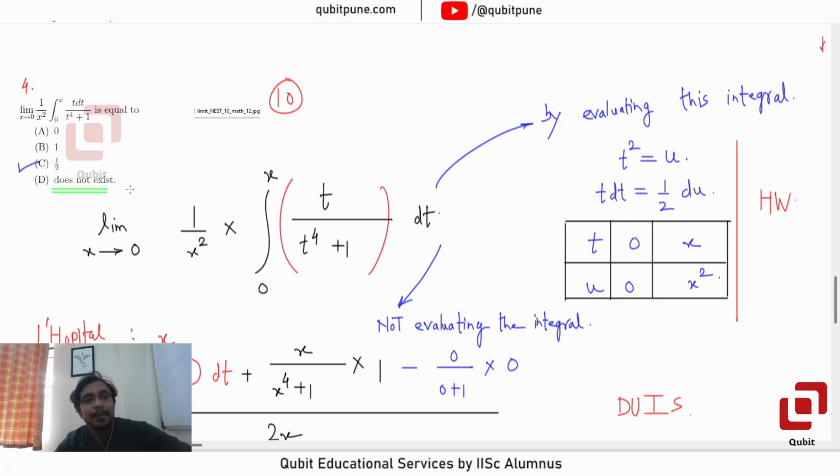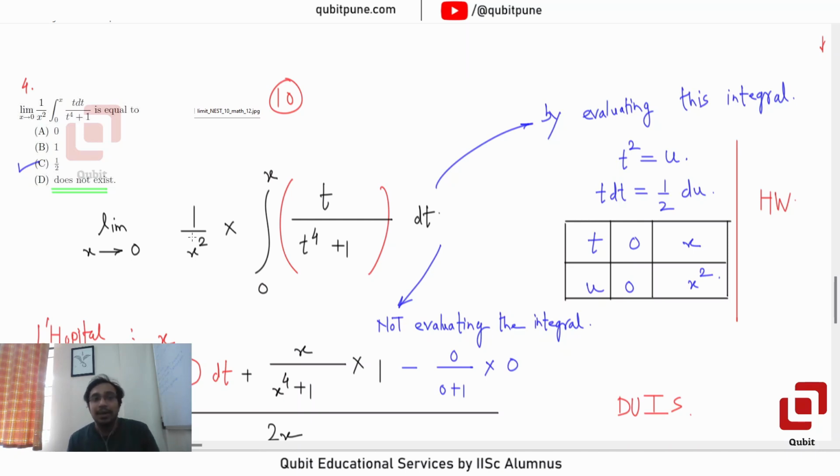One reason is the function t upon t raised to 4 plus 1 is a good function in the sense it never becomes undefined, because it has t raised to 4 plus 1 in the denominator. So as far as the applicability of the rule is concerned, we know it's very well behaved. And secondly, although x is tending to 0, we have x squared there in the denominator, which again says no matter from which direction x approaches 0, x squared will always go to 0.